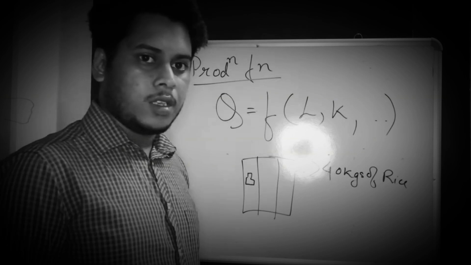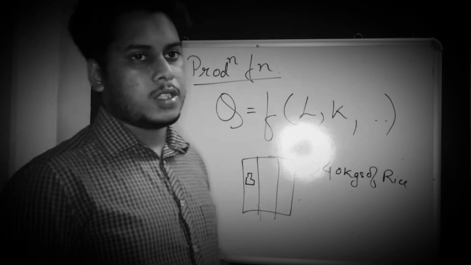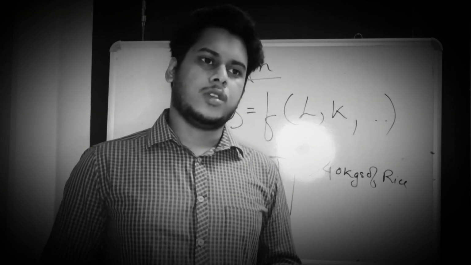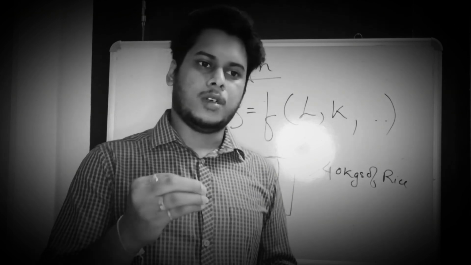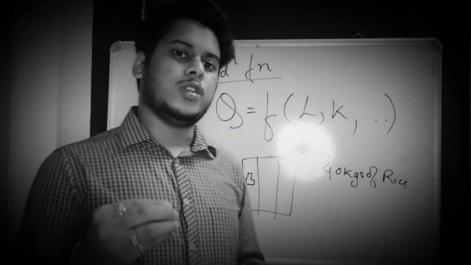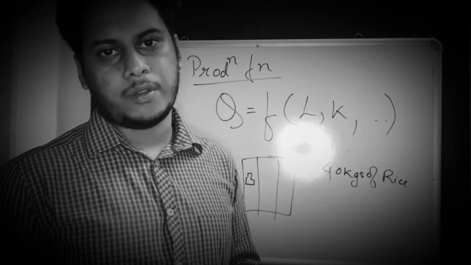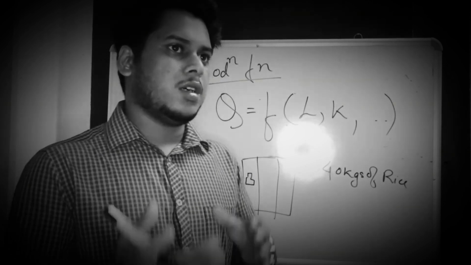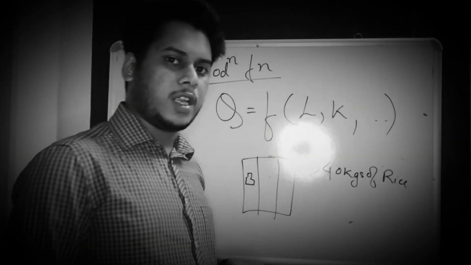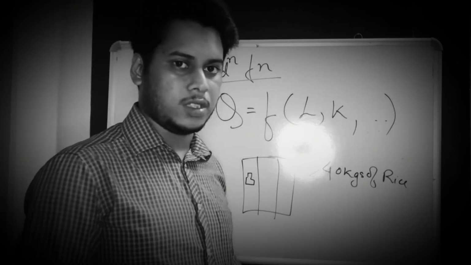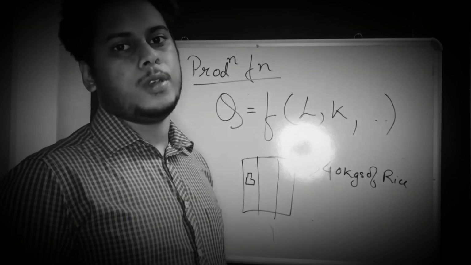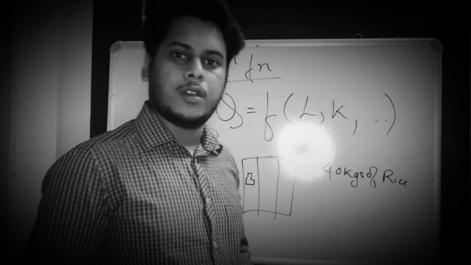Previously the relationship between the output and the input used was based upon the labor intensive mode of production, and therefore you were only getting 20 kgs of rice. Now the production function is subjected to a new state of technology, that is the capital intensive mode of production, and therefore you are able to produce 40 kgs of rice.